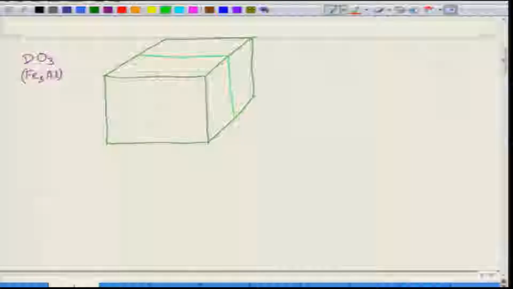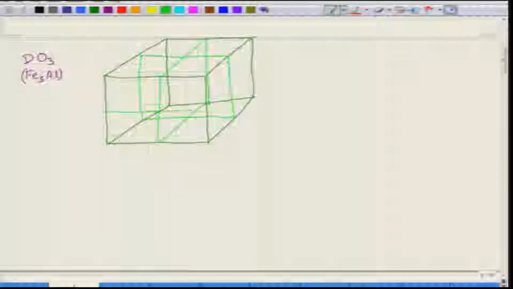It is 3:1. So, you can assume it to be as if there are 4 cells on the top and 4 cells at the bottom. This is what this structure is actually like.